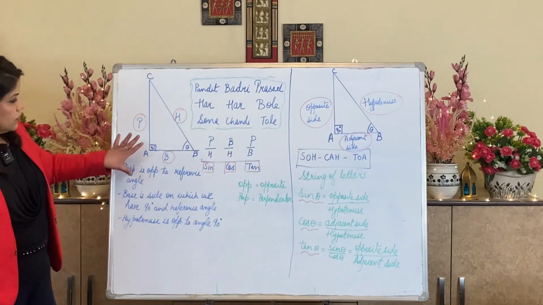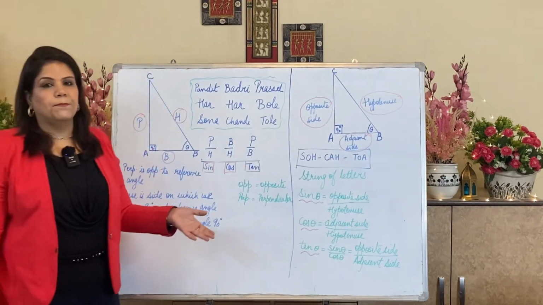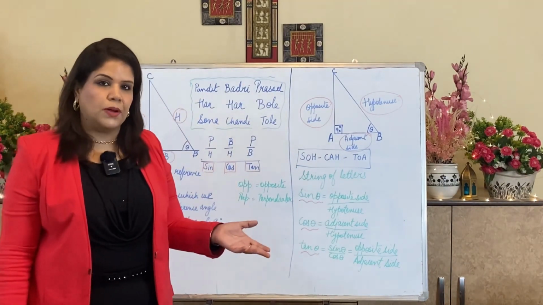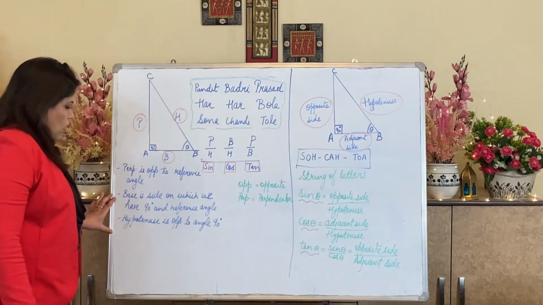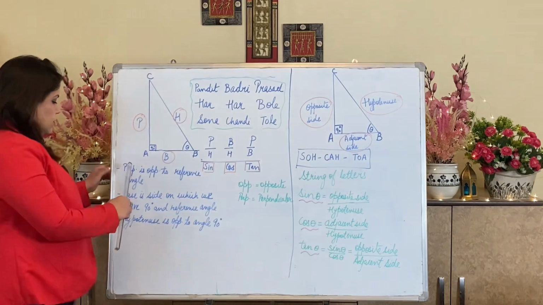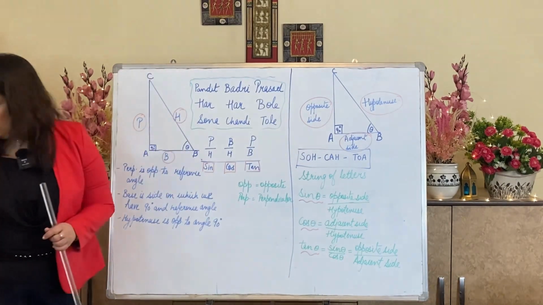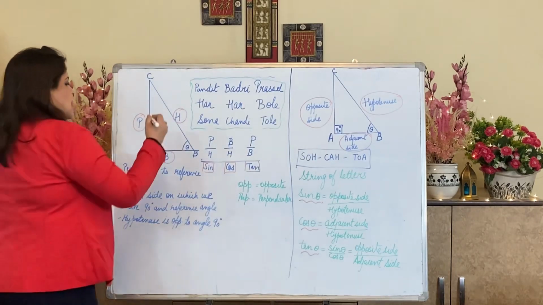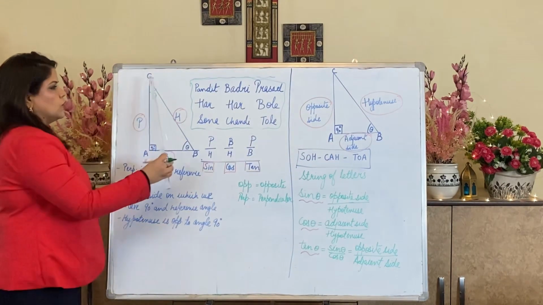Now, the reference angle will tell us how to take base and how to take perpendicular in a given triangle. This is the way of writing the perpendicular, base and hypotenuse. Hypotenuse will remain the same even if I start taking this as my reference angle. Even then, this will remain the hypotenuse.